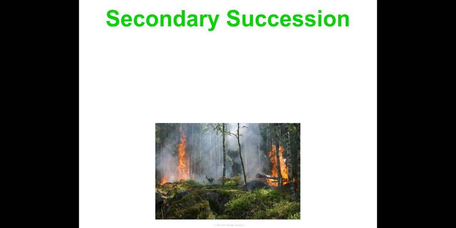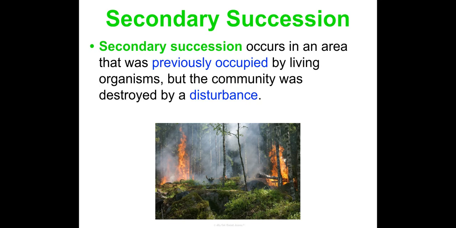Secondary succession, by definition, occurs in an area that was previously occupied by living organisms, but the community was destroyed by a disturbance. Farming is also another example besides fire, hurricanes, things like that.